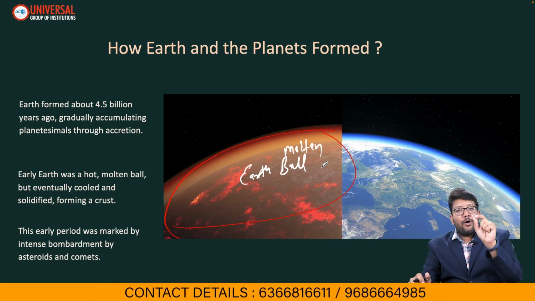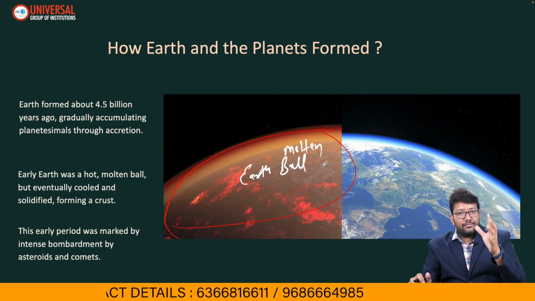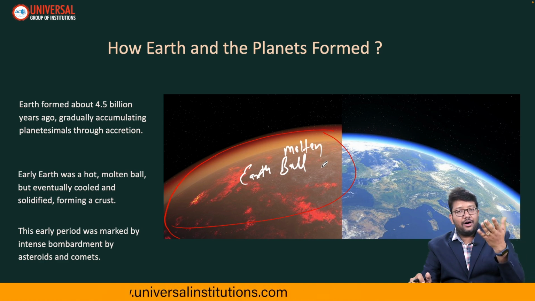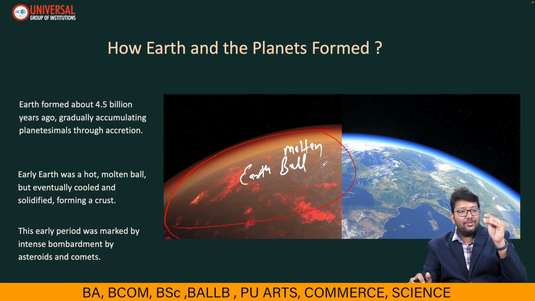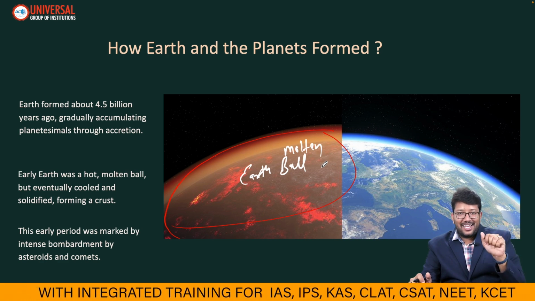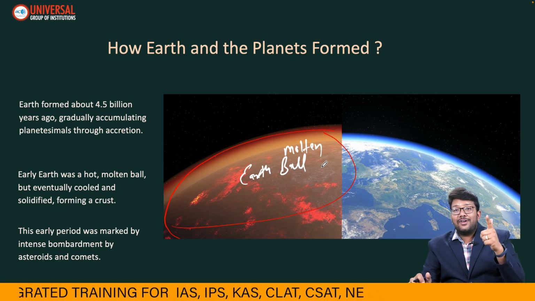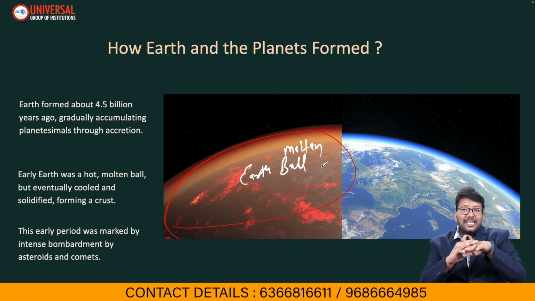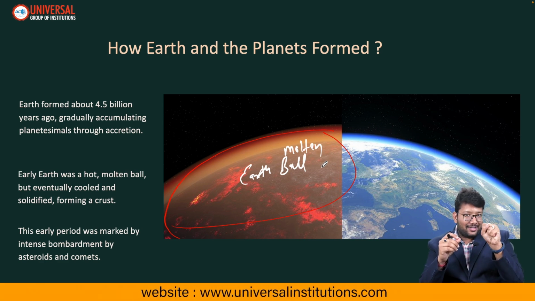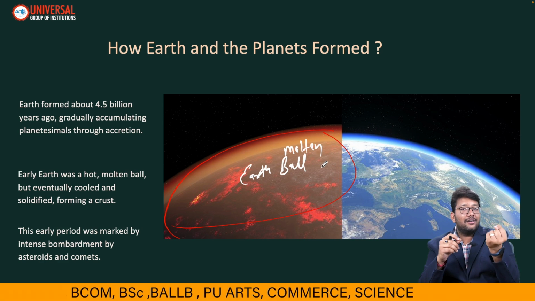But when this ball eventually cooled, think about our hands: when they are warm, there is no requirement of cream or any moisturizer. But in winters, we need something to moisturize our hands so that they don't get cracks. The same thing happened with the Earth also.